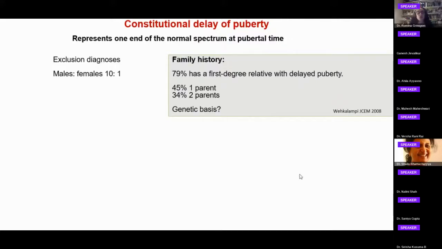We have to know that central hypogonadism has different expressivity. So, in some families, we can see that an affected child has a central hypogonadism, and his parents with the same mutation present with delayed puberty. So we have to be careful with this information.